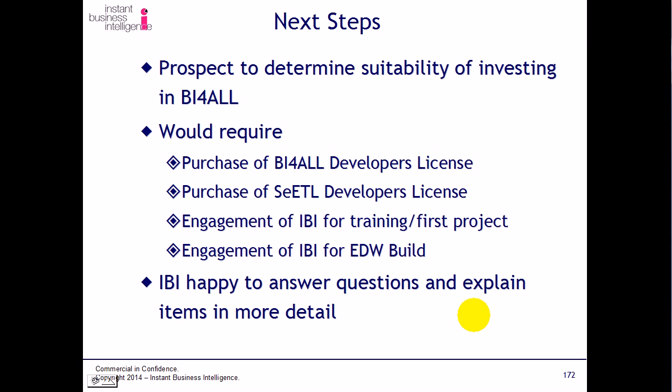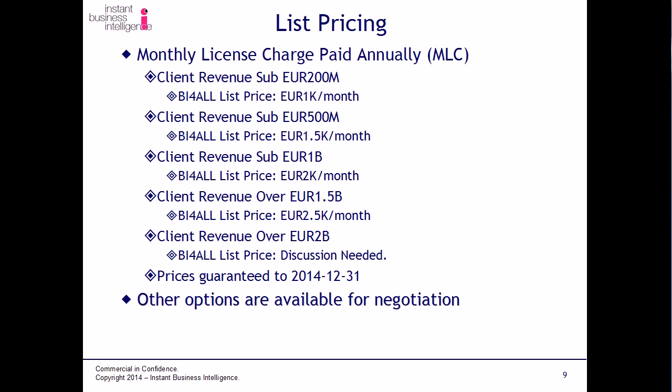And we're saying to you, depending on the revenue of your company, you have a monthly license charge rate at the list price. So I just will remind you of that slide. You will remember back some time ago, that was slide number 9, and this is the list pricing. If you give us a reason to give you a discount, a good substantive reason, then we can look at discounts.